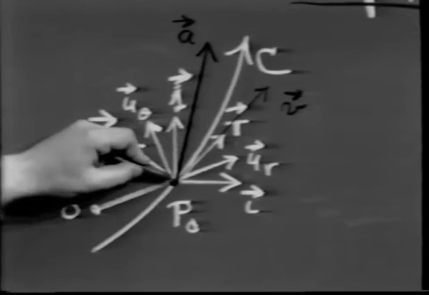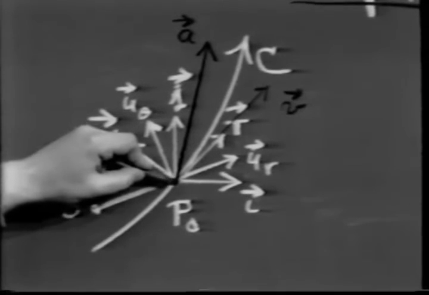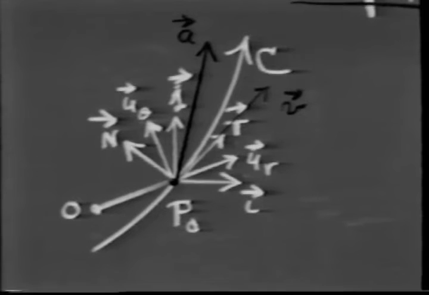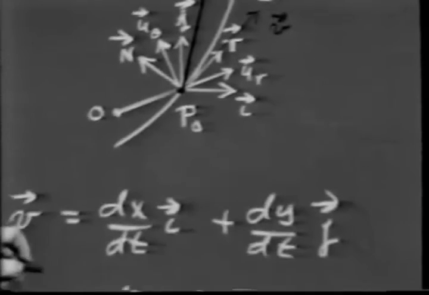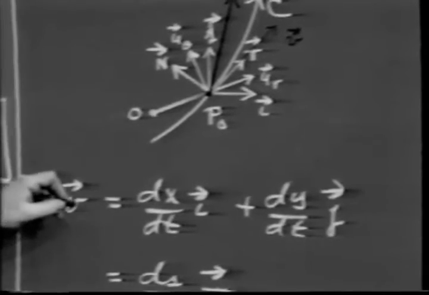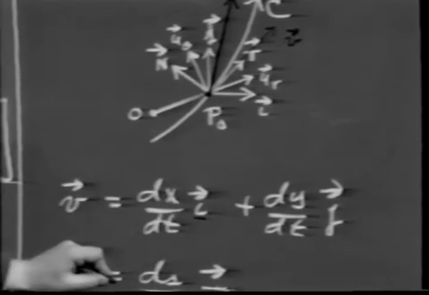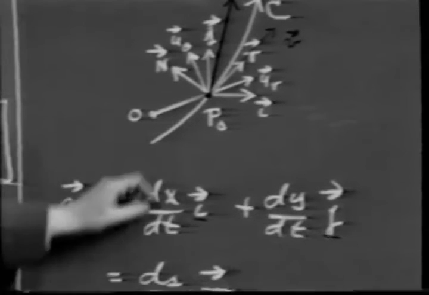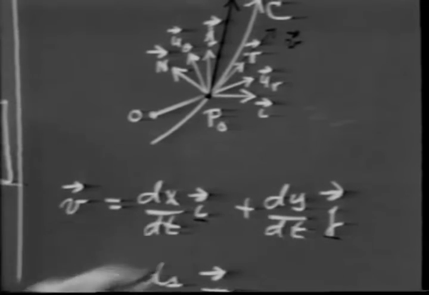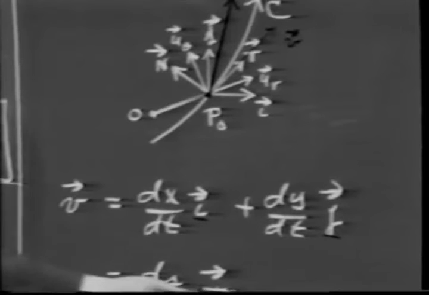In other words, when we're talking about the velocity of this particle at the point P0, its velocity is the same no matter what coordinate system we're using. It just happens that if we're dealing with Cartesian coordinates, the velocity vector is dx dt i plus dy dt j. In other words, it's this particular combination of i and j.